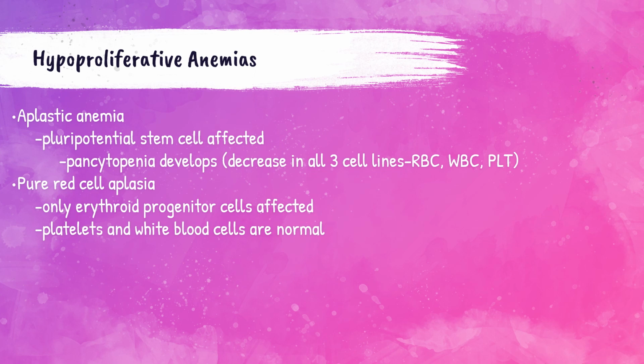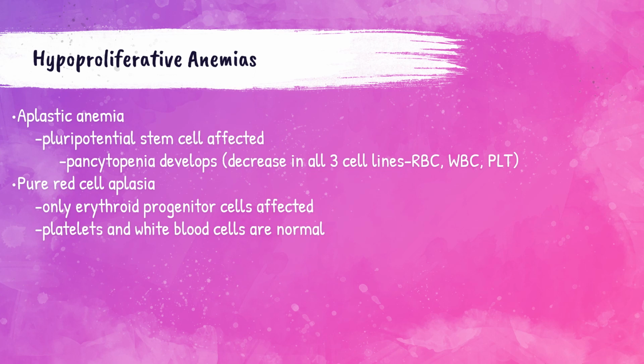So what hypoproliferative anemias are we going to be discussing? So aplastic anemia is a little misleading in that it's called just an anemia. We know by definition that anemia is the decreased red blood cells or hemoglobin levels in a patient. And that is happening in aplastic anemia, but this is actually a reduction in all of the cell lines. So this is something that we call pancytopenia, which means red blood cells, white blood cells, and platelets are all decreased.